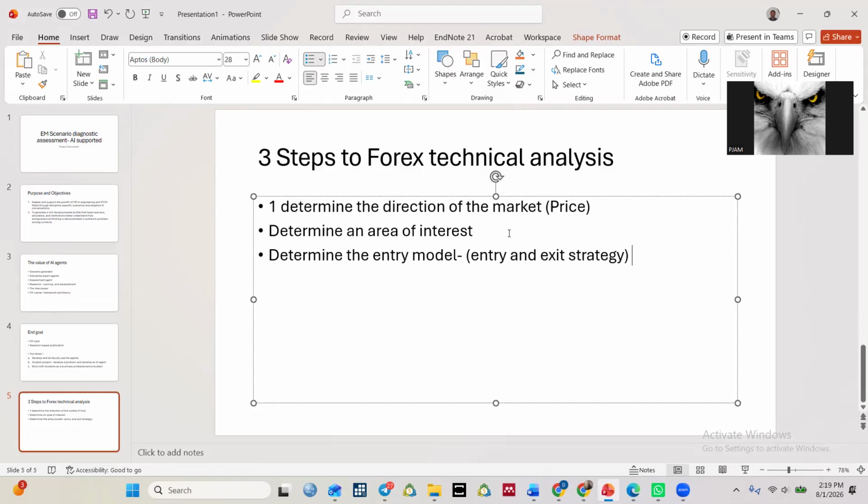Okay, so which means, in other words, entry confirmation. So entering the market is the important thing. And then after you enter, you will be thinking about whether you are holding on or you should exit, depending on what is happening.